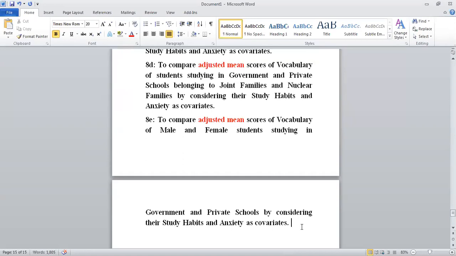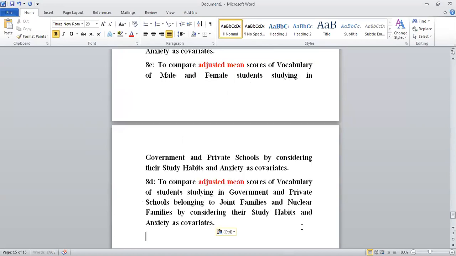So when I'm copying, I'm making the appropriate changes. Please do not forget to make the appropriate changes.